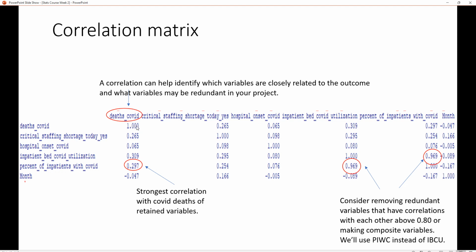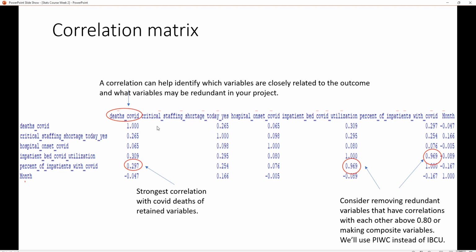That value of 1 represents a perfect correlation between each variable and itself. On the very top left of the correlation matrix we have a value of 1.0, which is the correlation between COVID deaths and COVID deaths. The second value in that diagonal would be critical staffing shortages, today yes, with itself.